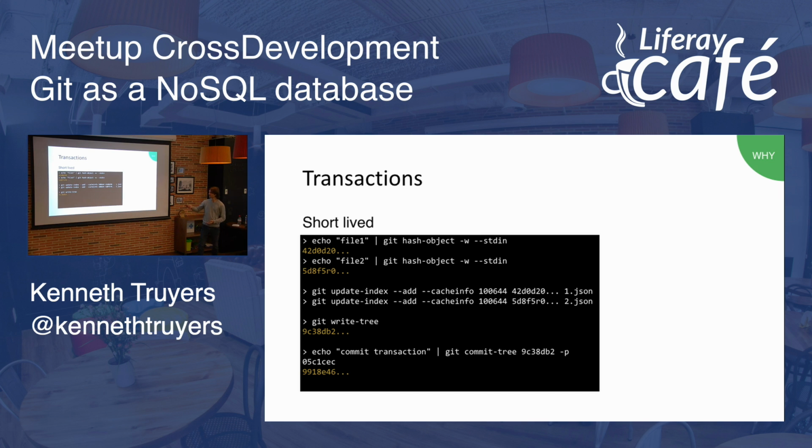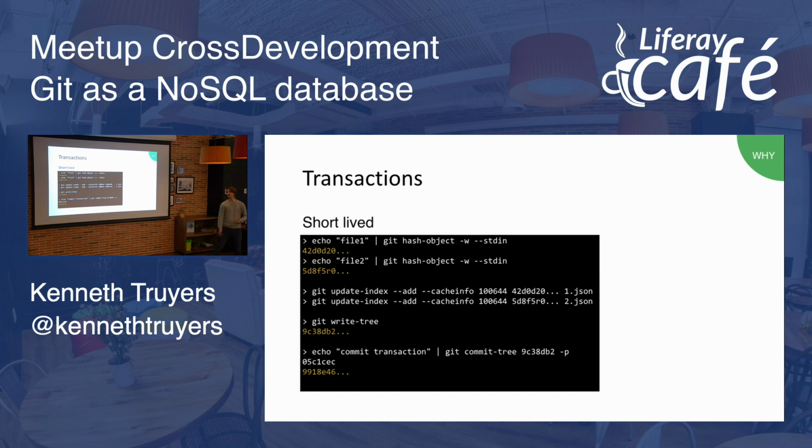Or if everything is right, we can create a commit and change all of those files in one go to the system. And this command is atomic, so it either fails or it succeeds. So you can roll back a transaction very easily just by doing nothing, or commit it by creating a commit. So that's short-lived. That's very similar to what a SQL transaction is.